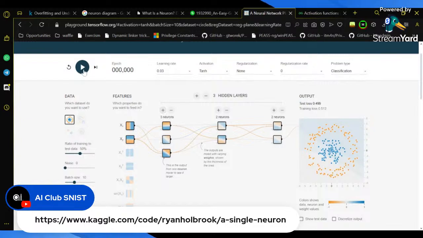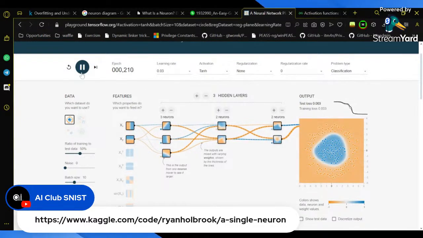I'll just add one more node. For creating multiple regions, increase the layers, and to adjust the boundaries of those regions, try to increase the number of neurons in that particular layer, make it wider.